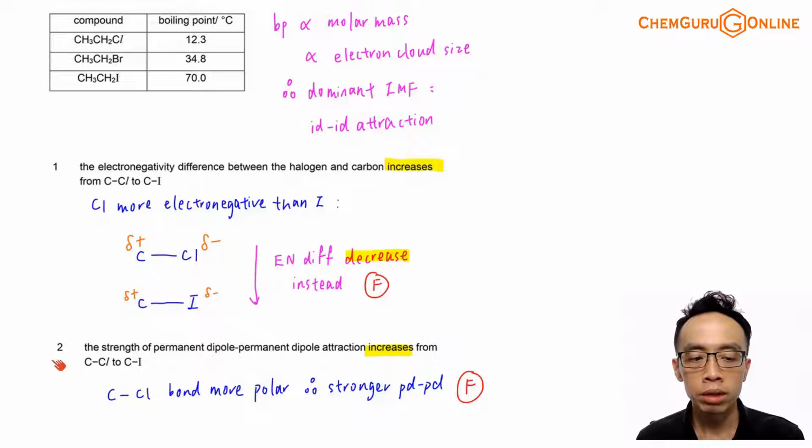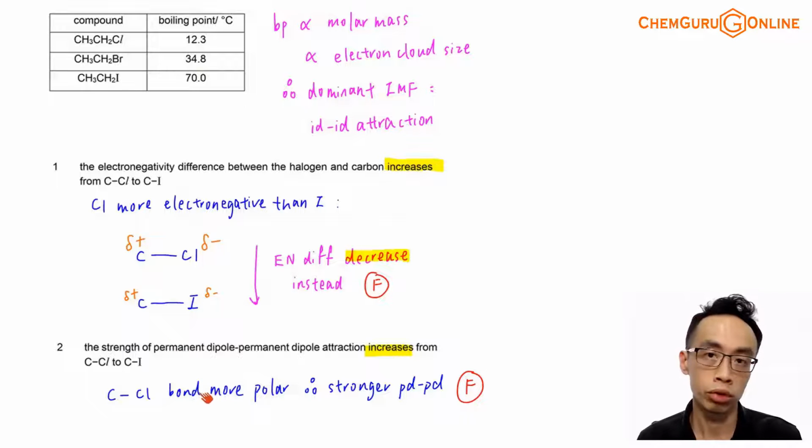We expect the C-Cl bond to have a stronger permanent dipole attraction, and the C-I bond should have weaker PD attraction. So this statement, which says that the strength of PD attraction increases from C-Cl to C-I bond, is not true because the PD attraction should decrease in strength instead. So statement number 2 is not my answer.